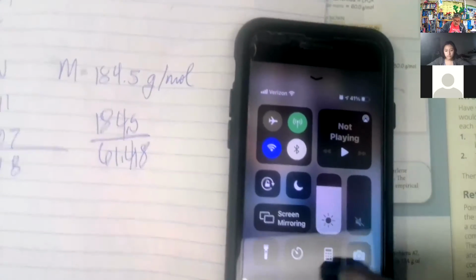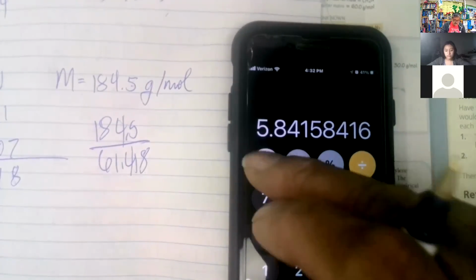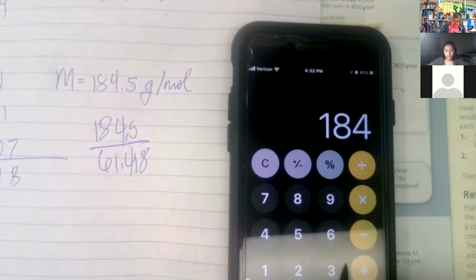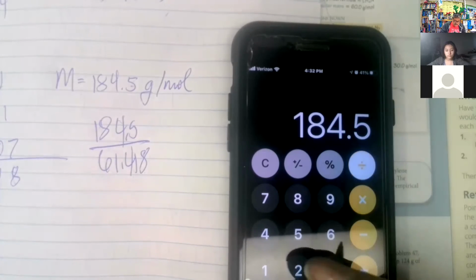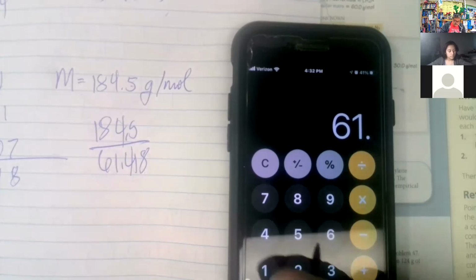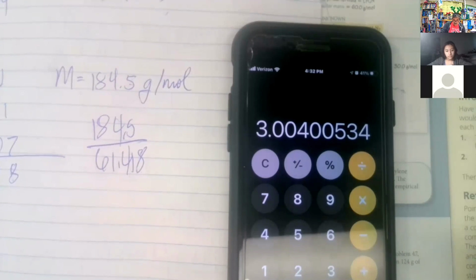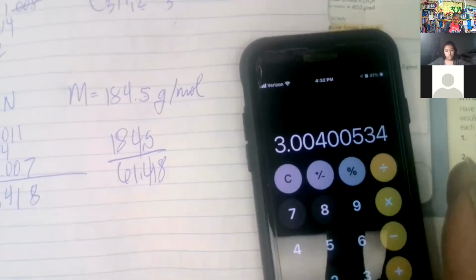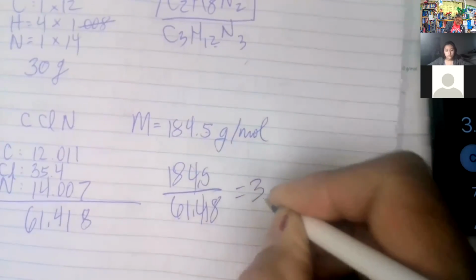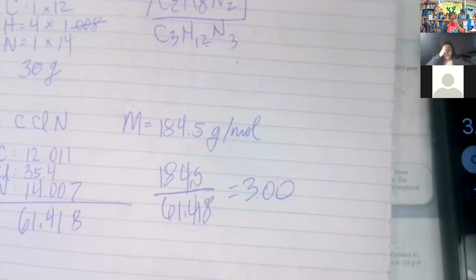So you get 184.5 divided by 61.418 equals, look at that. It's right on the dot 3. 3 sig fig, doesn't matter. You got it.